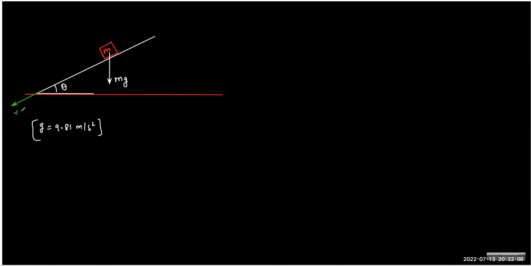So I'm calling this the x-axis and this the y-axis. The only relation between x and y is that they are mutually perpendicular. How they are oriented, we have no control. The only condition is they should be mutually perpendicular. So what is the component of gravity? Let's name it Fg. What is Fgx and what is Fgy?